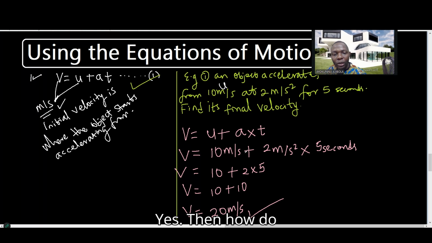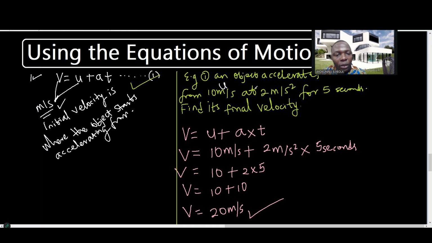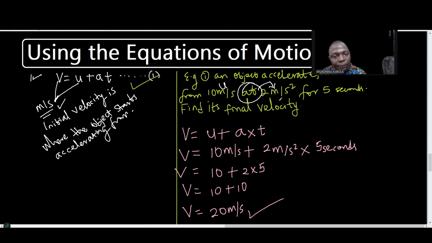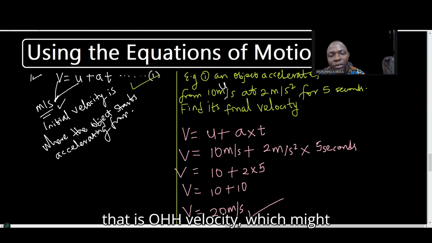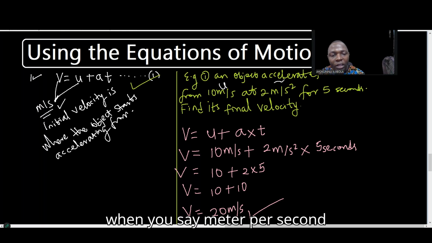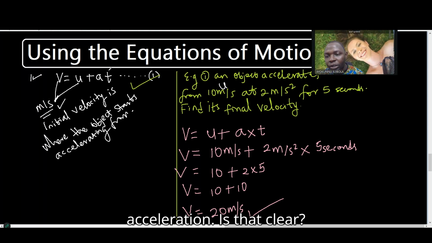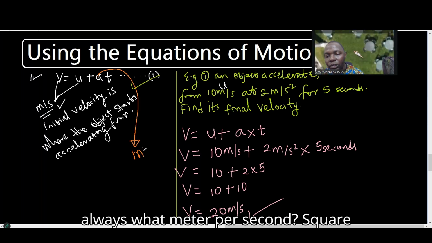Good. Then, how do you know that 2 is acceleration? An object must accelerate at an acceleration, okay? When you see traveling at and you see meter per second, that is velocity, which might be initial or final, depending on what you're looking for. But when you see meter per second square, it must definitely be acceleration. So acceleration is always what?